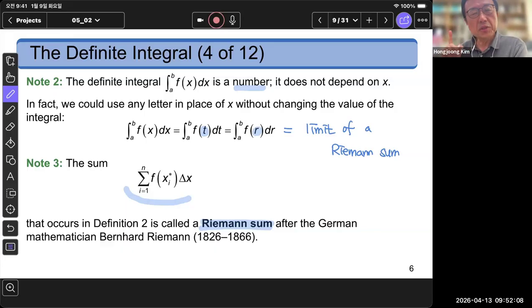I will use this concept a few times. If I have a Riemann sum, then it has a limit, and if the limit exists, it will be replaced by this definite integral. So please remember this.